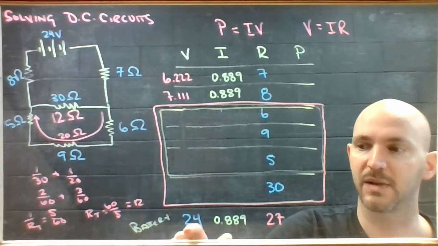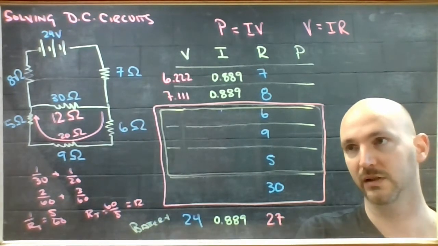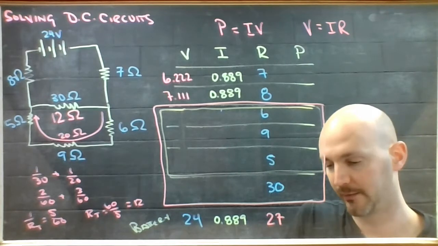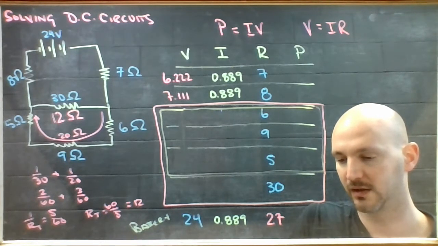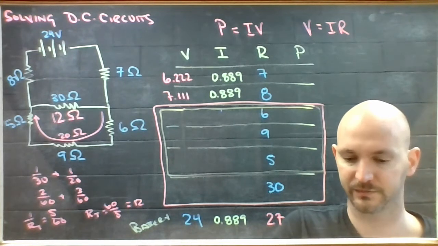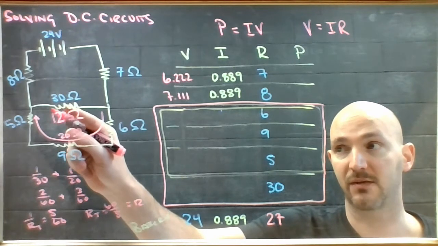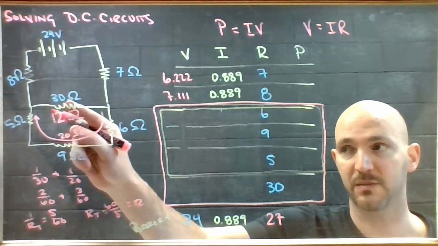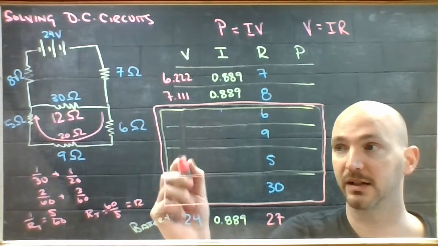So if I take my 24 and take out the voltages that are accounted for, 24 minus 6.222 minus 7.111 leaves me with 10.667. So that 10.667 worth of voltage must be accounted for in this 30 ohm resistor. That's here, so in it goes.